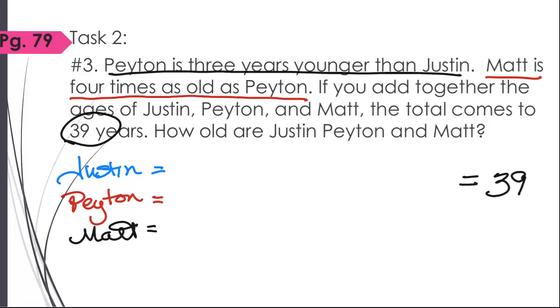Who's this based on though? Peyton is 3 years younger than Justin. So isn't his age based on Justin? So I think the answer there is Justin. And we'll come back tomorrow and pick this up. Okay?